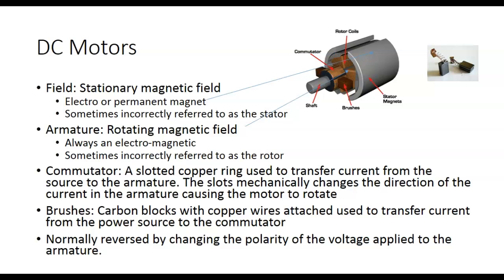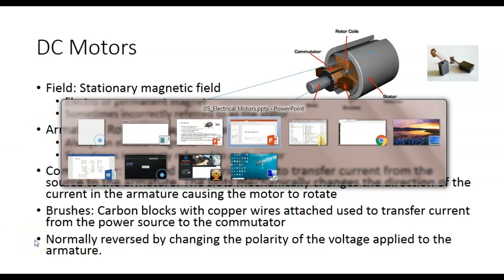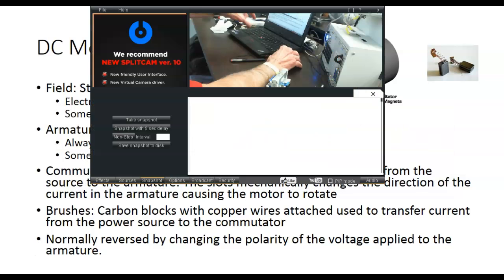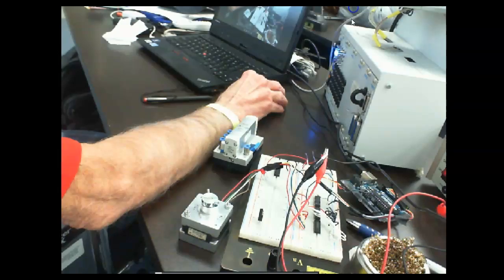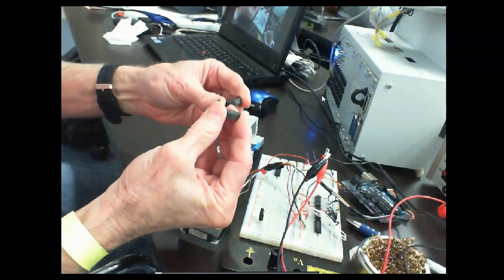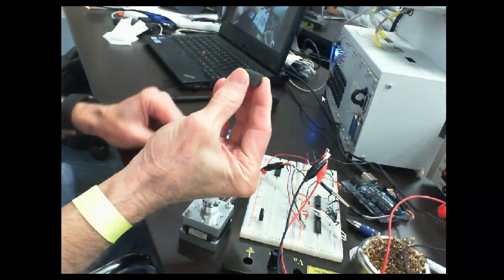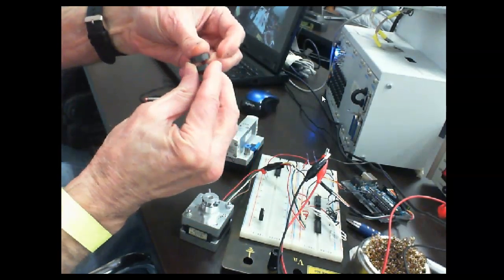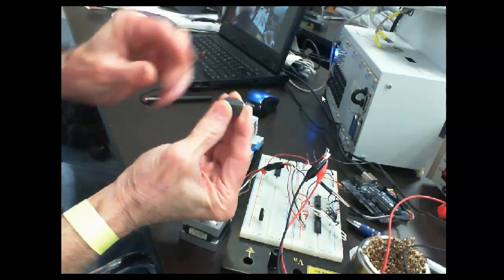So we have like poles do what? Repel. And unlike poles attract. So I have two magnets, and of course this would be like poles. And then if I come up here and turn it around, this is unlike poles.